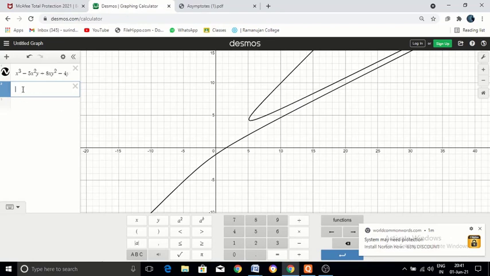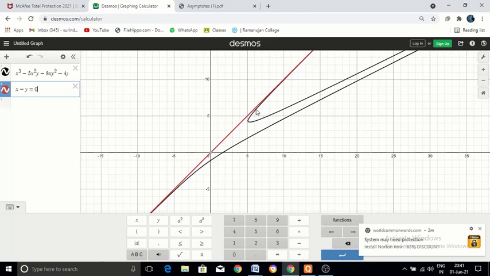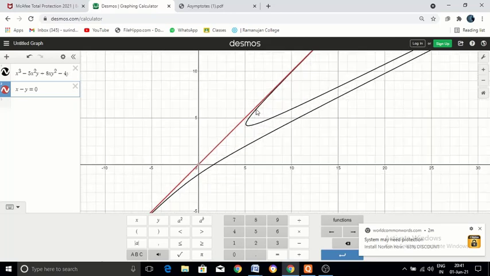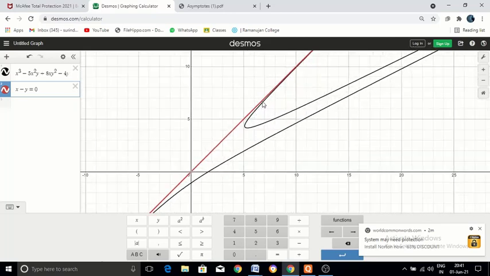Now x minus y equal to 0. This line is an asymptote to this curve. As we move towards infinity, this line goes closer and closer to the curve.